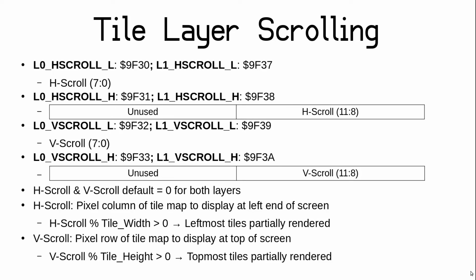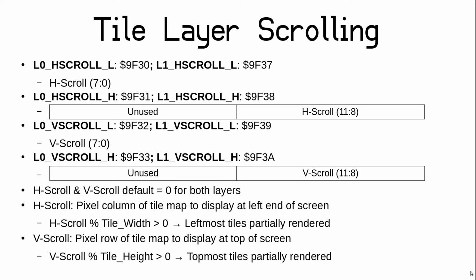These scroll values are pixel-based, so you can scroll tile rows and columns partially off-screen. As they are 12-bit values, the maximum scroll value is 4095. The maximum dimensions of a tile map are 4096 by 4096 pixels, so we can completely scroll to the very lower right pixel and then roll over to the default position.